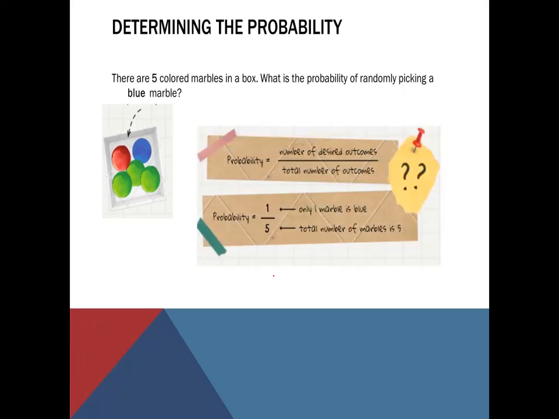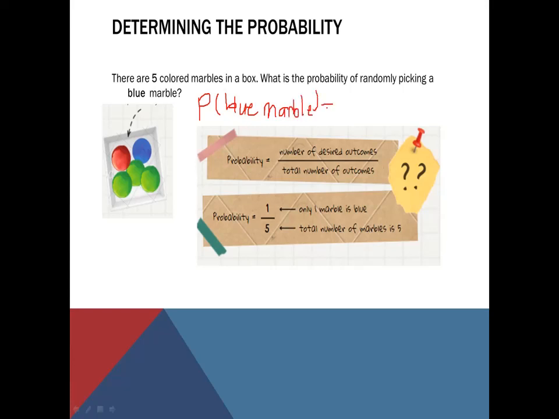So this is the formula: probability is equal to the number of desired outcomes over the total number of outcomes. If we write our solution, what is the probability of picking a blue marble?